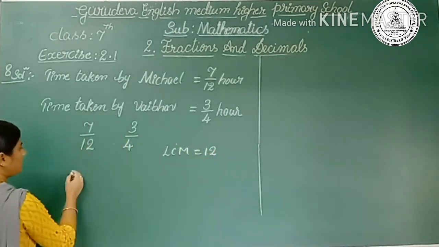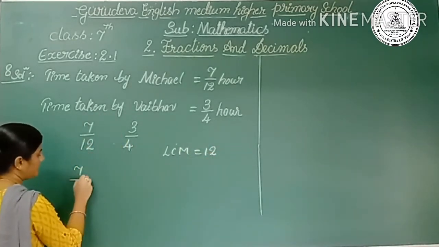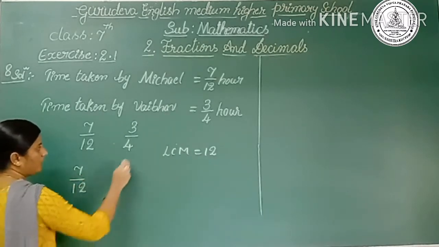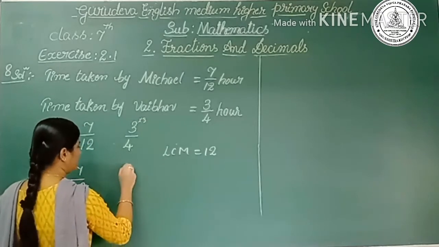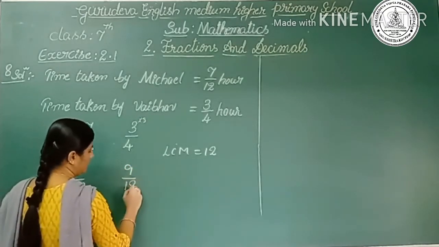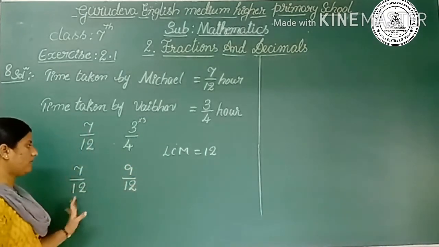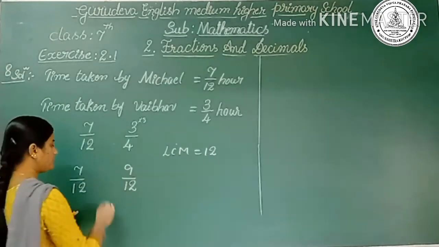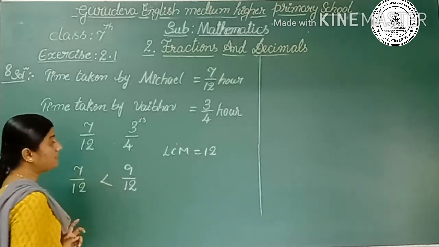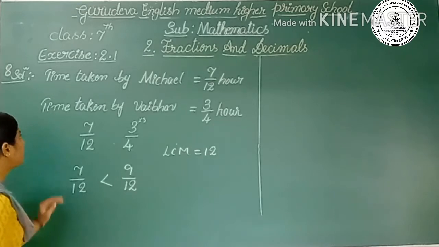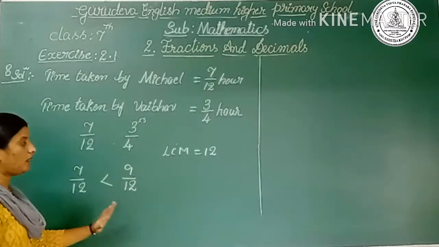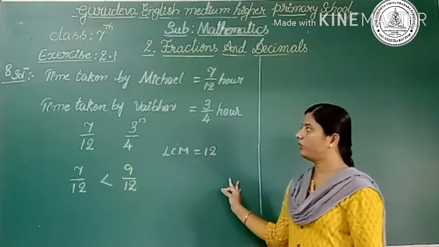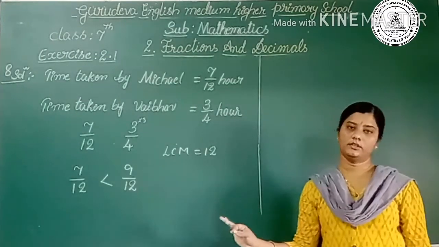Then 7 by 12 is as it is. Okay. 4 times how much is 12? 4 threes are 12. Then 3 threes are 9, so 9 by 12. So 7 by 12 and 9 by 12. So which is greater? 9 by 12 is greater. So we can say that the time taken by Vaibhav is greater, means longer. Okay. Vaibhav worked longer time.